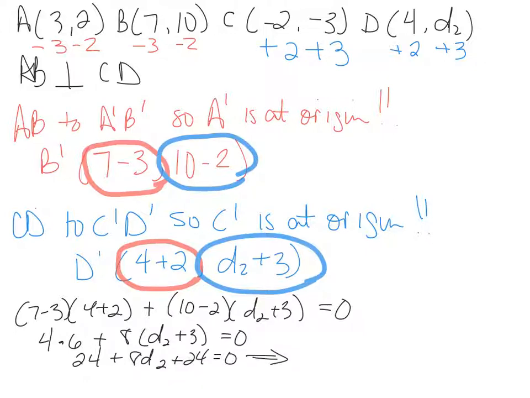Ran out of space. So I'm going to do 8D2 equals negative 48. Divide both sides by 8, and I have D2 equals negative 6. I finally finished. It's not that hard. I just showed every single step possible, right? All right.